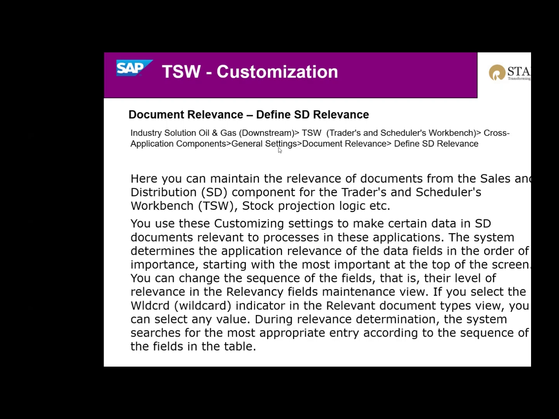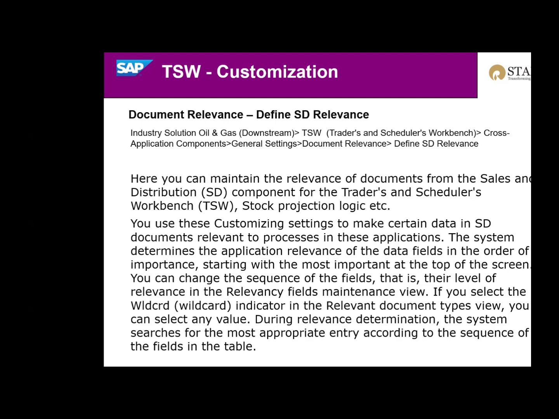This is the customization for document relevance, define SD relevance. Here you can maintain the relevance of the document from the sales and distribution component for the traders and scheduler workbench, stock projection logic, etc. Use this customizing setting to make certain data in the SD document relevant to processes in these applications.